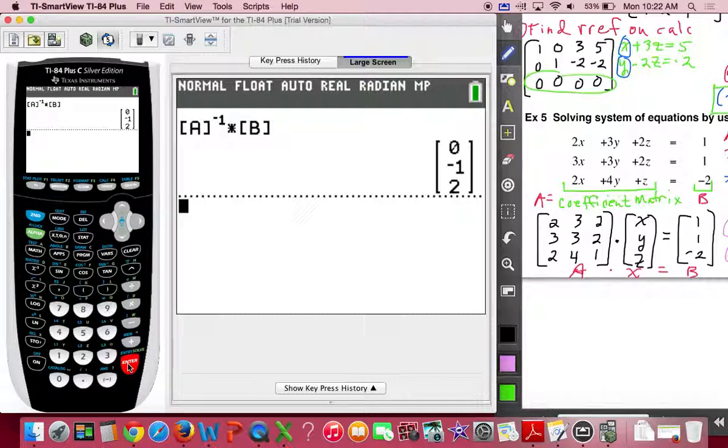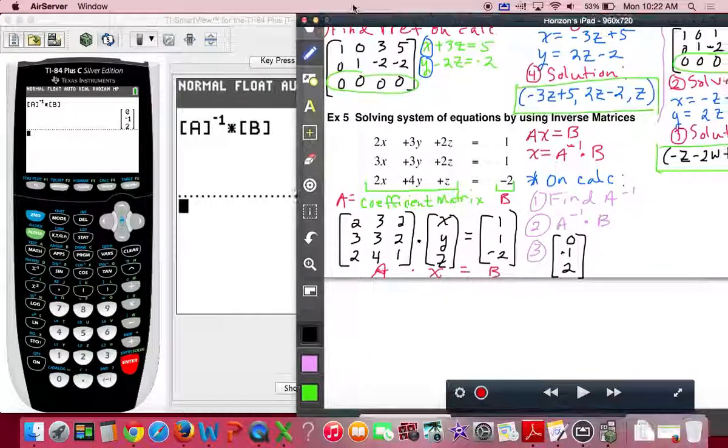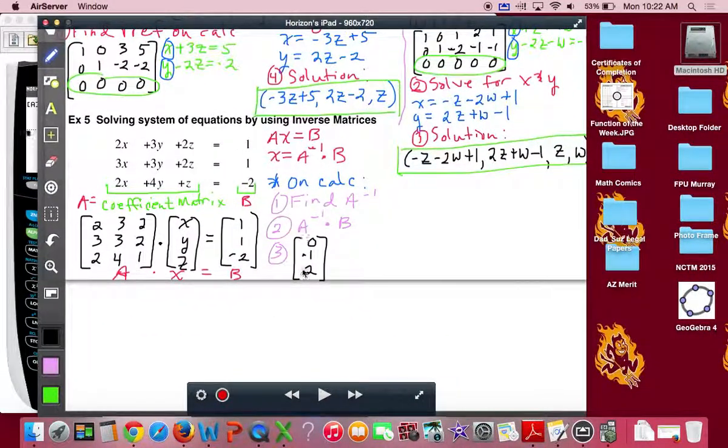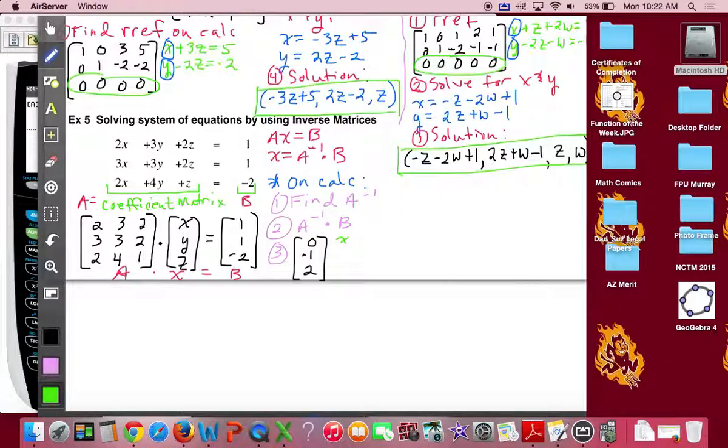And your answer column is 0, negative 1, 2. And so obviously this is going to be your X, your Y, and your Z. It goes alphabetically down.